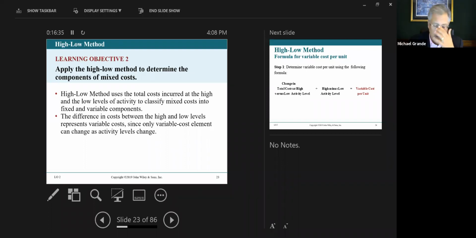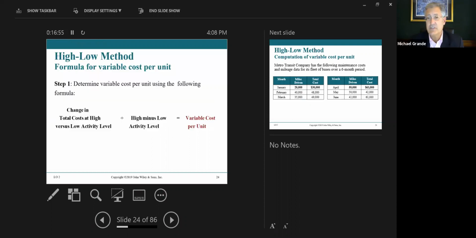So that's important. We want to focus on the high and low activity levels to classify mixed cost into fixed and variable components. The difference in costs between the high and low levels represents the variable cost, since only the variable cost element can change as activity levels change.